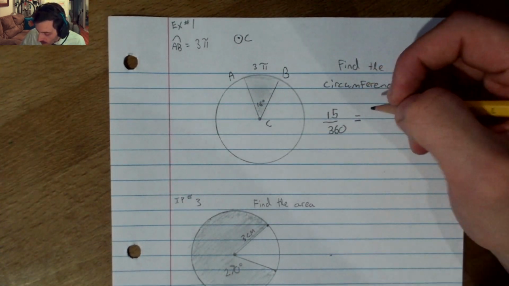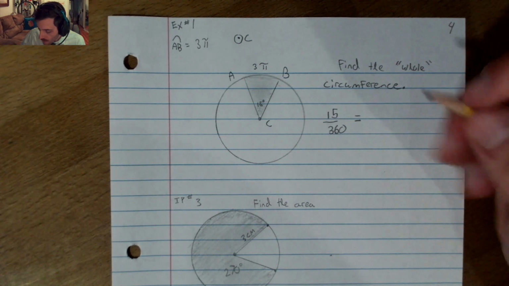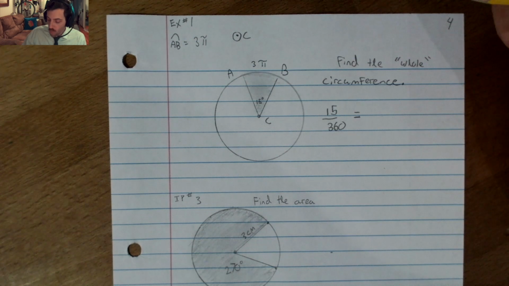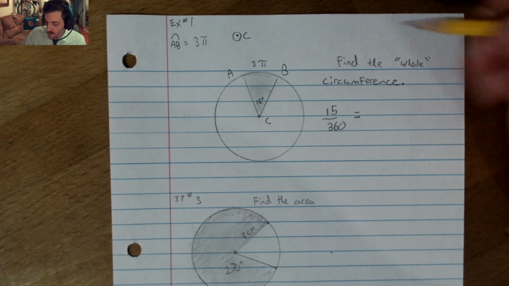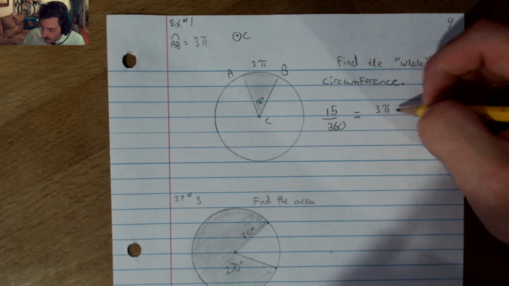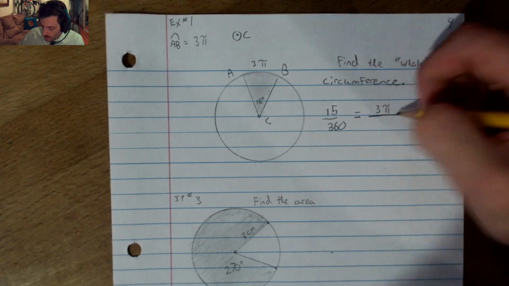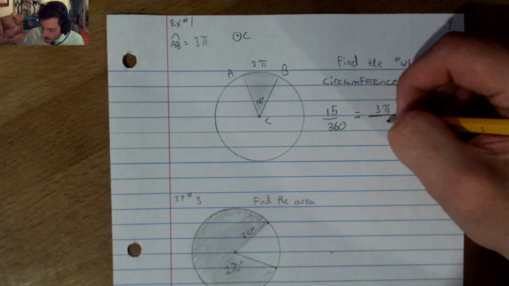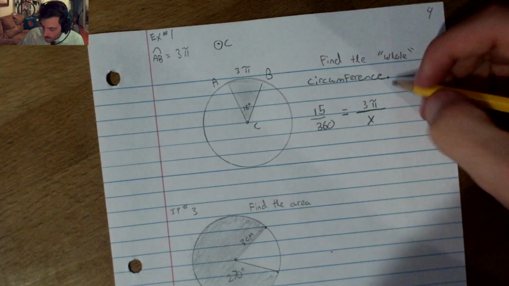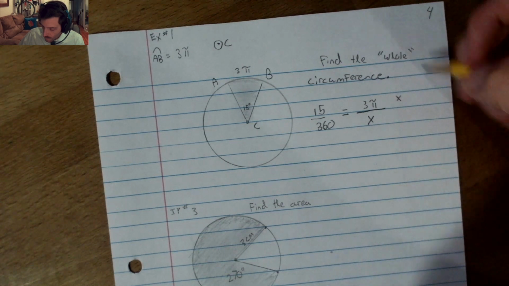The next we're going to do is look at our circumference value, or the length it takes to go around that particular figure. For this one, we know our part is going to be equal to 3 pi. And what we're going to do is apply an x. The x value we're going to say is the circumference of the whole figure.